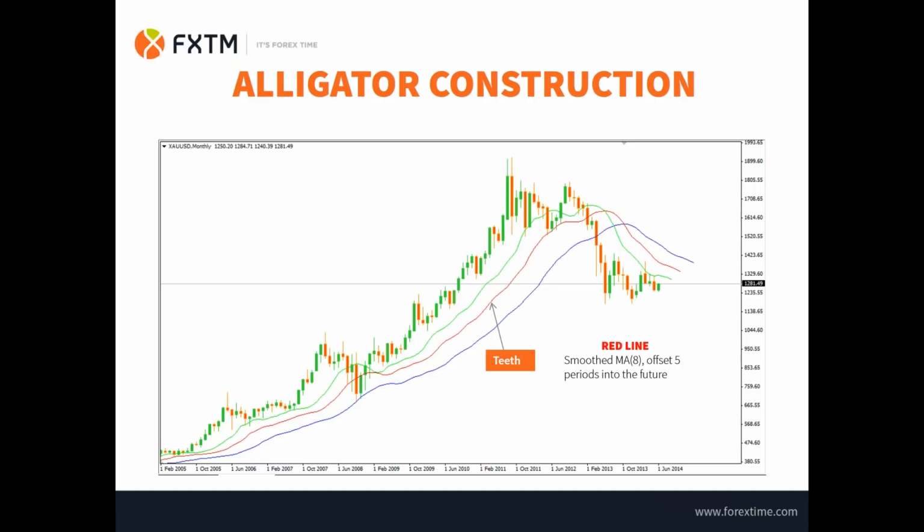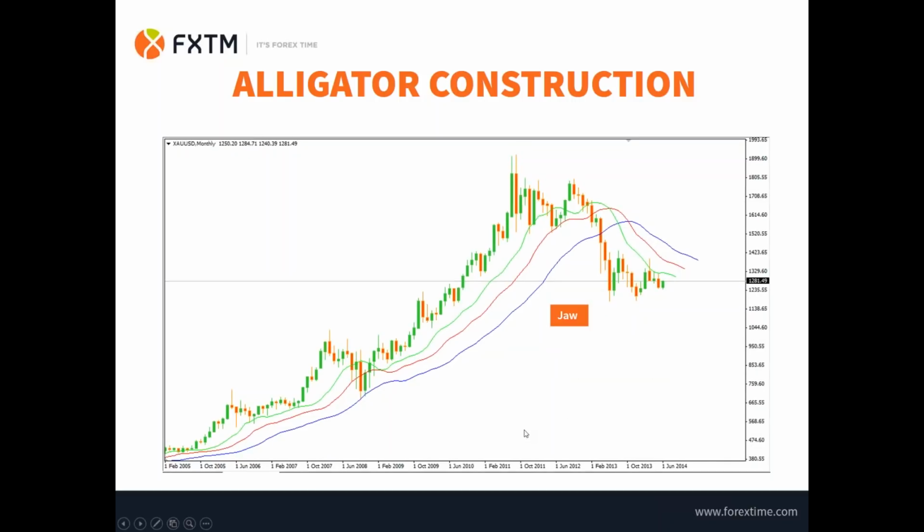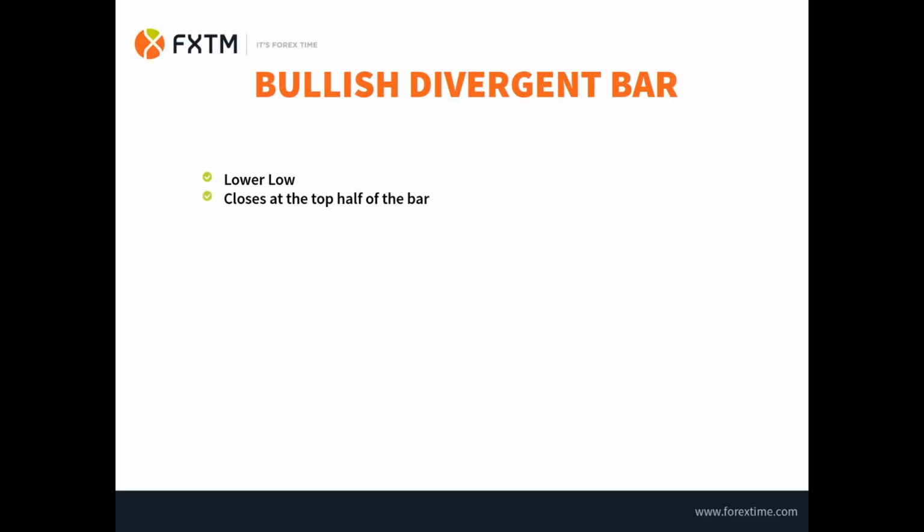Okay, guys? So this is what the offset does. This is what the offset creates, this projection into the future. So as I said, the red line, the teeth, is an 8 moving average with an offset of 5 periods. And the jaw, the blue line, is a 13 smooth moving average with an offset of 8 periods into the future. And this is what actually the alligator looks like.